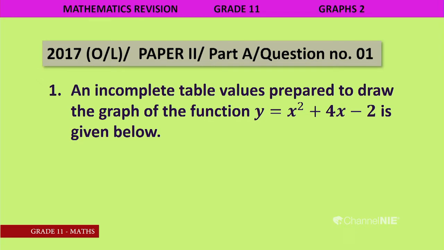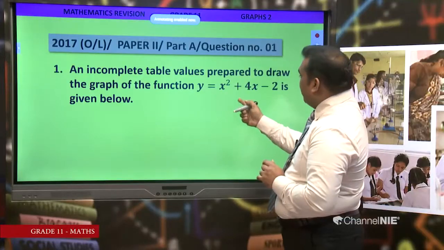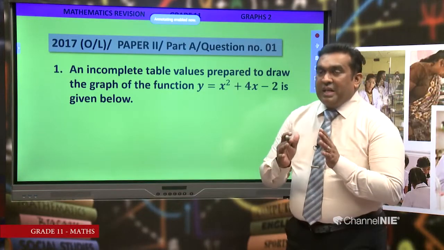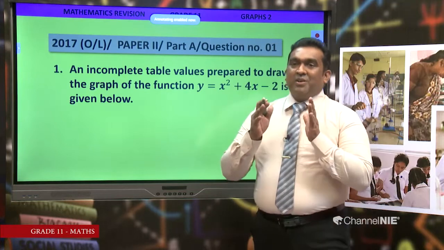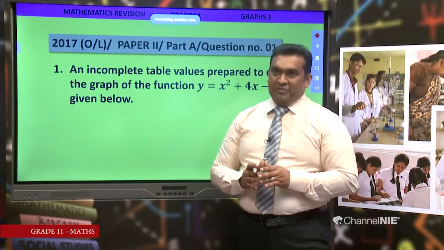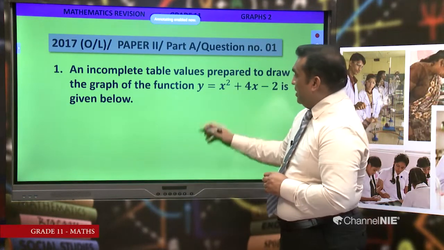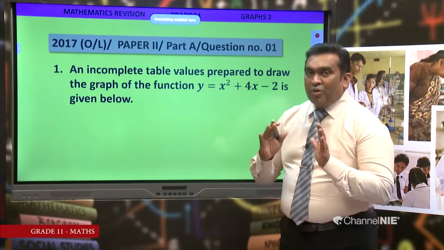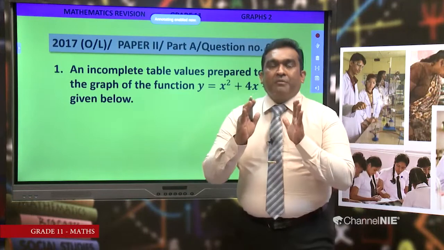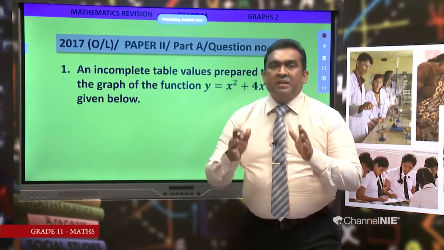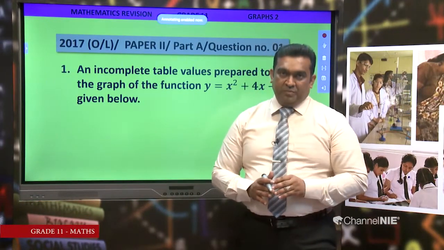There are three types of equations of a quadratic function, or a curved line graph. First one is quadratic form, perfect square form and factor form.